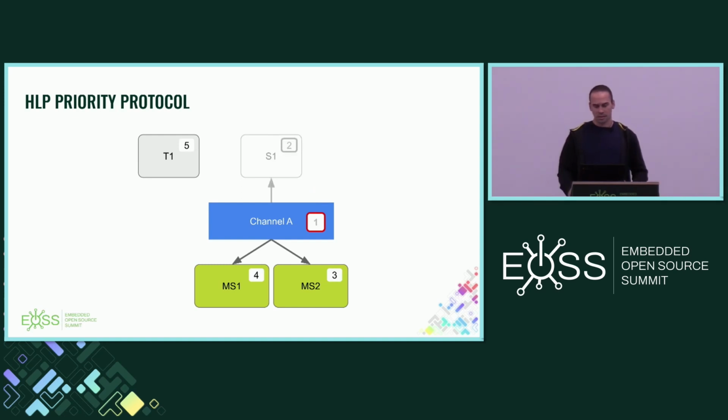And sometimes S1 can be disabled or the thread is aborted or something. The channel's priority ceiling can be calculated again. And in this case, we have, for example, 3, and the channel will receive 1.